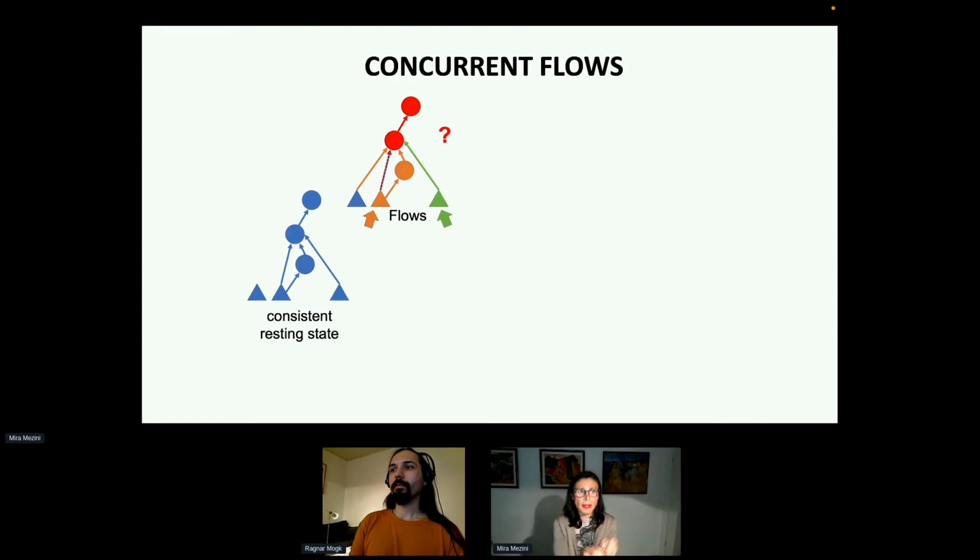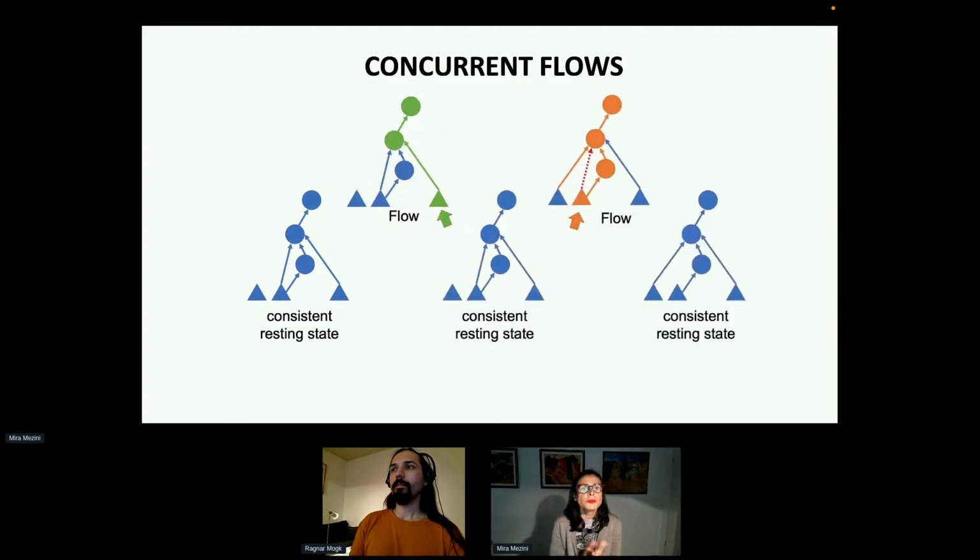The behavior becomes non-deterministic, and we want to keep consistency in this case to have thread-safe flows, which means we want to create the illusion that flows happen as if they were happening sequentially. And that's what we ensure in REScala. So we ensure strict serializability without abort.